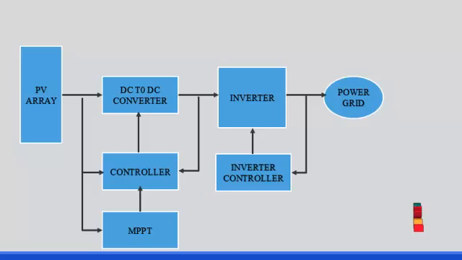Those switches are triggered using the inverter control. The inverter control has a space vector pulse width modulation technique based controller. The PWM generator generates the pulses for the inverter's power electronic switches. After that, the supply is fed into the power grid.